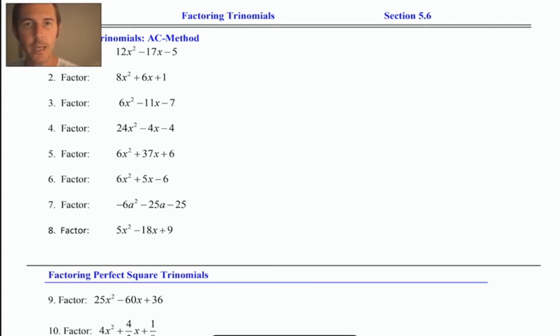So there's this thing called the AC method, which is nice because it involves the same number of steps every time. So while it is a little bit time consuming, at least you know exactly how long it's going to take every time. So let me demonstrate the AC method for you.